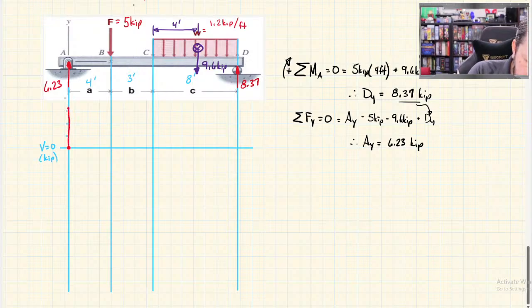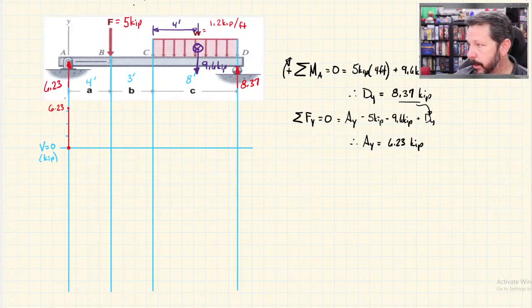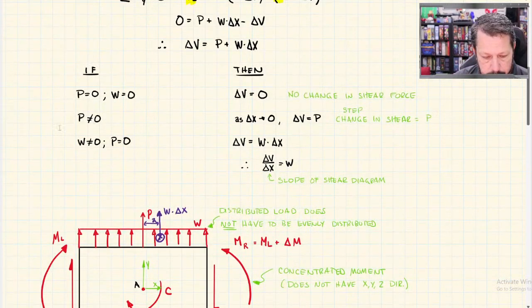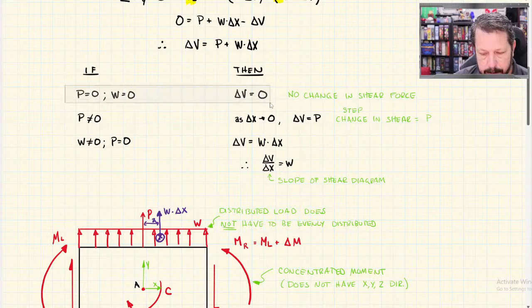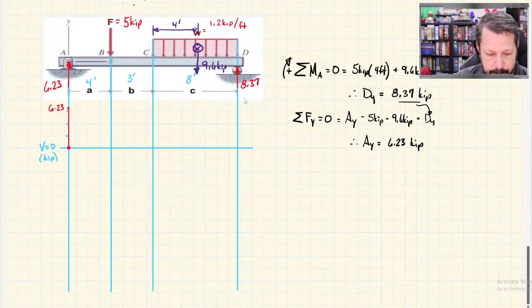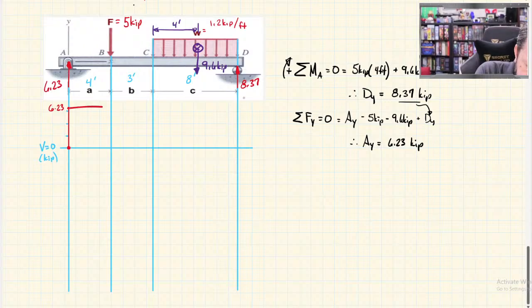So it goes straight up to that line, and then you usually want to put the value over there. And then nothing happens until I get to point B. When there's no point load, no distributed load, then the change in shear is 0. So it just stays constant, straight across here.